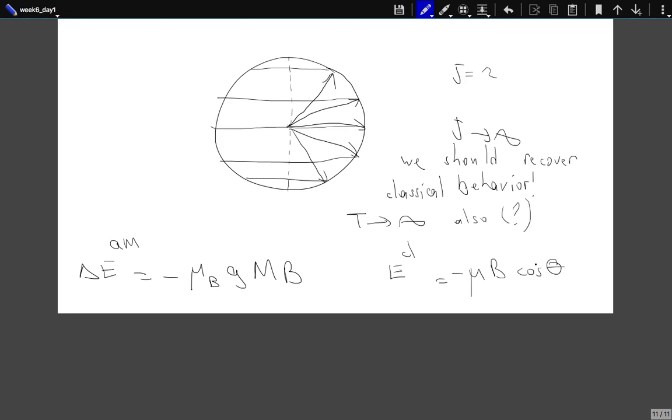Classical energy is always in the range mu B and minus mu B. It's finite. If I just set J to infinity without putting any other restriction on my system, M can take infinite values, so it's no longer finite. You see, cosine theta is in fact M over J. Well, not strictly, but somewhat, times J.